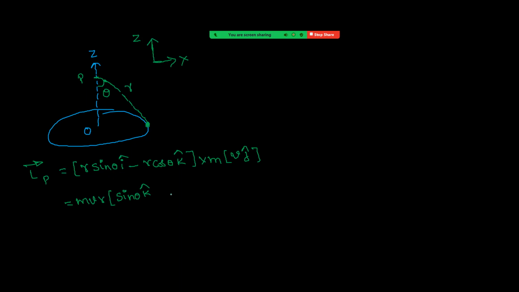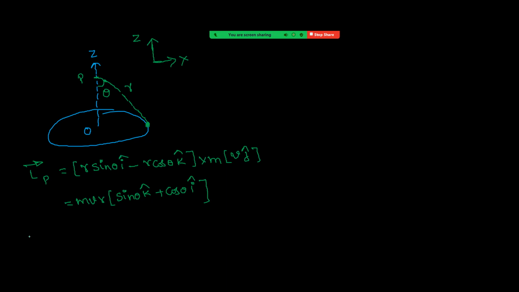Minus of minus is plus, so plus cos theta i cap. That means angular momentum about P has two components, one along the z axis and one along the x axis.